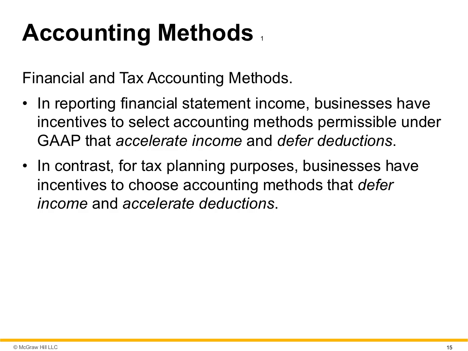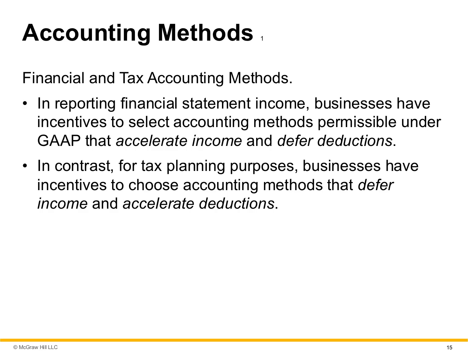For tax accounting, on the other hand, a goal is that we want to reduce the amount of taxes that we owe and also grow our after-tax wealth. And the way to achieve that is exactly the opposite of financial accounting methods.